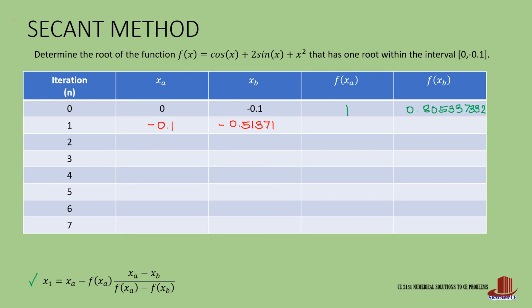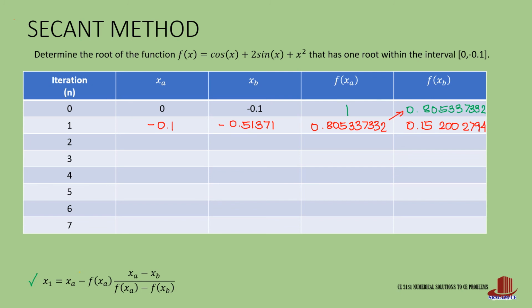With the known values, then we can reach for f of x sub a as 0.805337332, which is just taken from this value, as we still have the same x value of negative 0.1. F of x sub b is then computed as 0.152002794.